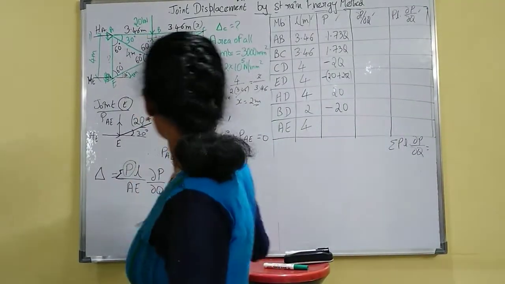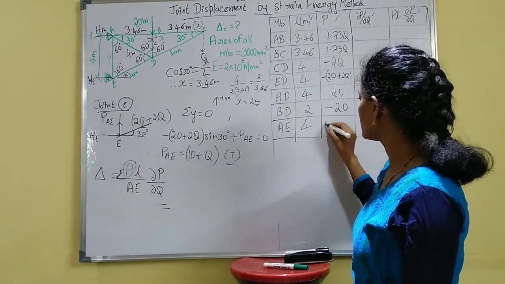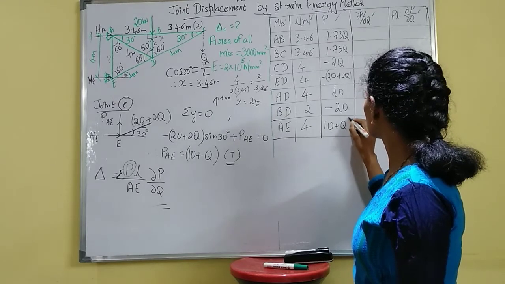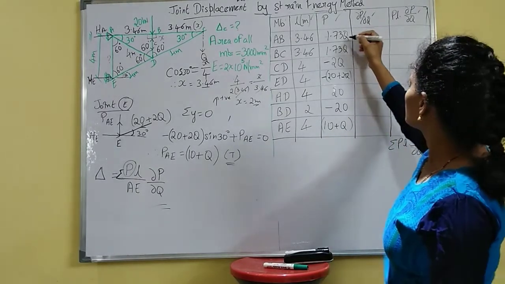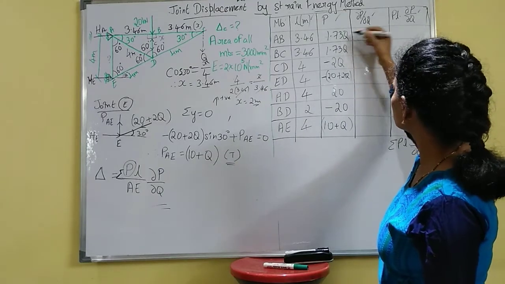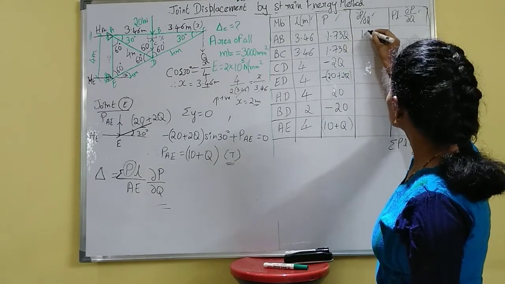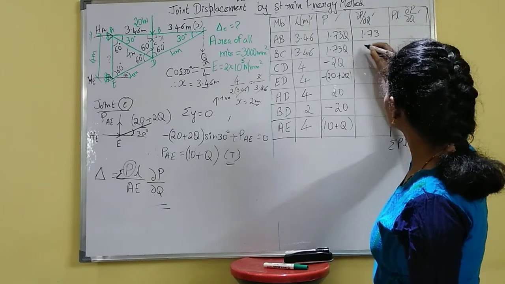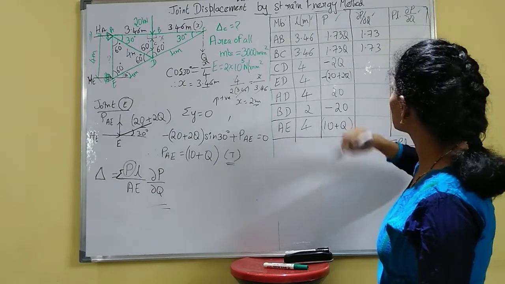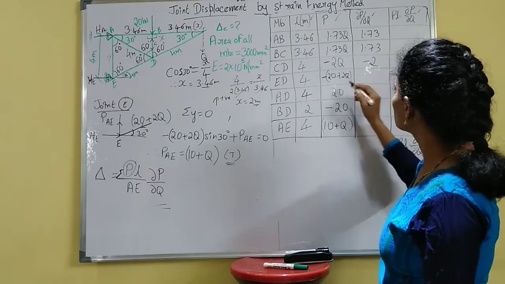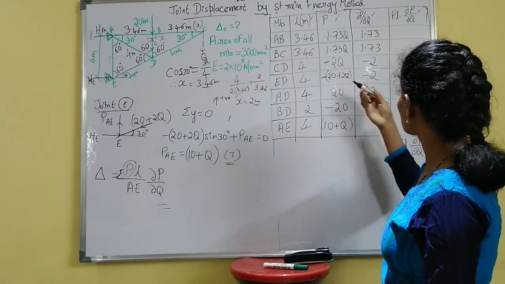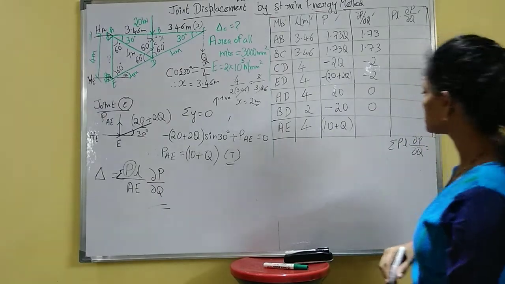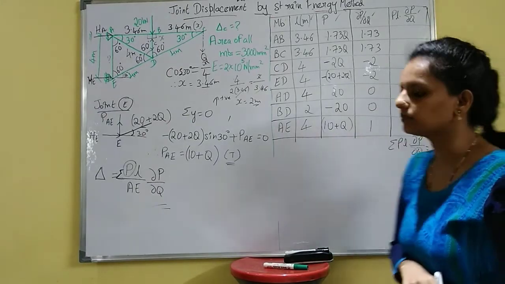AE is here, that is tension, so plus 10 plus Q. Okay, now differentiate it in terms of Q. With respect to Q you have this, so it will be 1.73, here also 1.73, here it is minus 2, here it is again minus 2, and this is 0, there is no Q term, so here also no Q term, 0, here you will have 1.